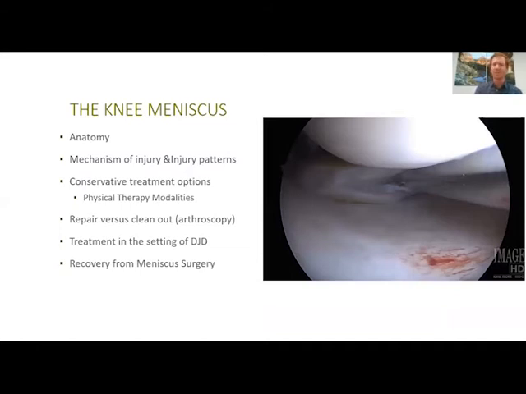And then I want to go over recovery from surgery, and then other options if meniscus surgery isn't the best option. So kind of looking at bigger picture items.